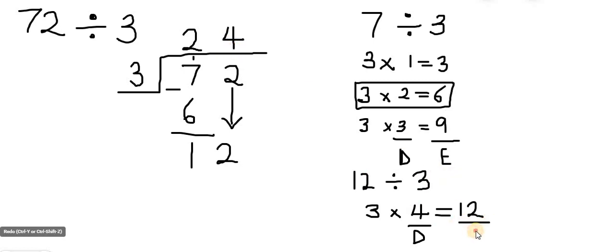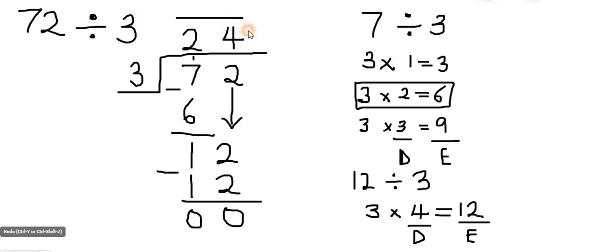And on the E column, we take that answer, 12, and then we subtract. So we get 0 and 0. Okay, so we stop there. So 72 divided by 3 is the answer here, which is 24.